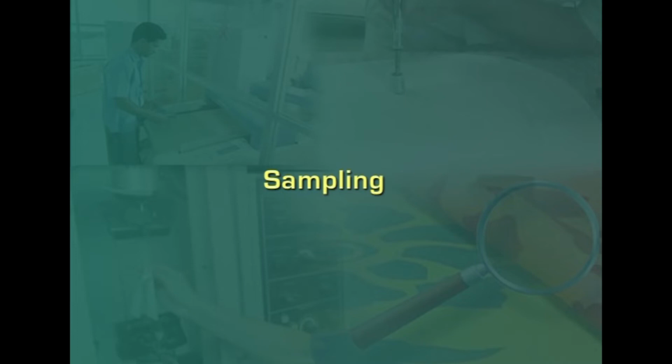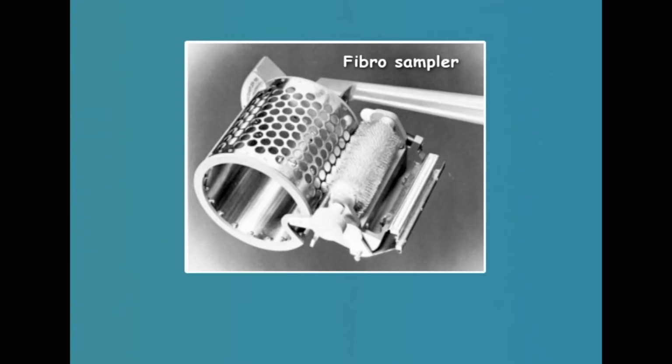Sampling. A small quantity of cotton fibers is put in a fibrosampler. One of the fibrosampler combs is mounted on the comb holder with the teeth positioned uppermost. The laboratory sample is kept in the cage and pressed against the perforated surface.